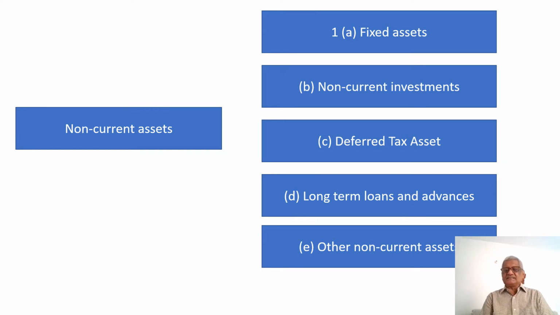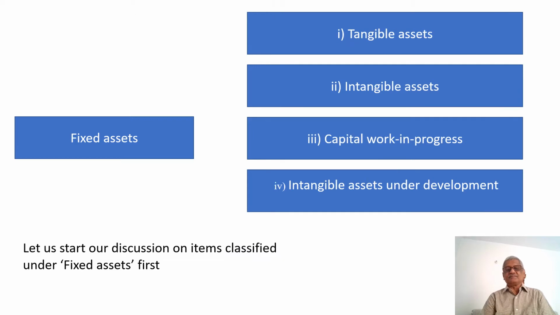Now the fixed assets are again subdivided into four categories. Let us see what they are. Fixed assets are classified into tangible assets, intangible assets, capital work in progress, and intangible assets under development.